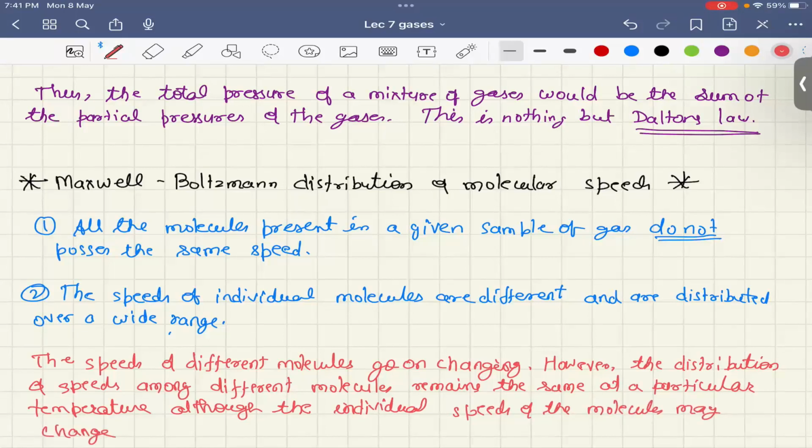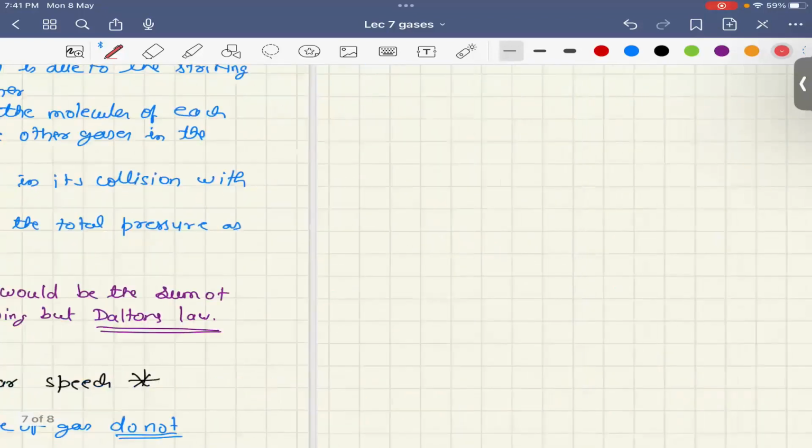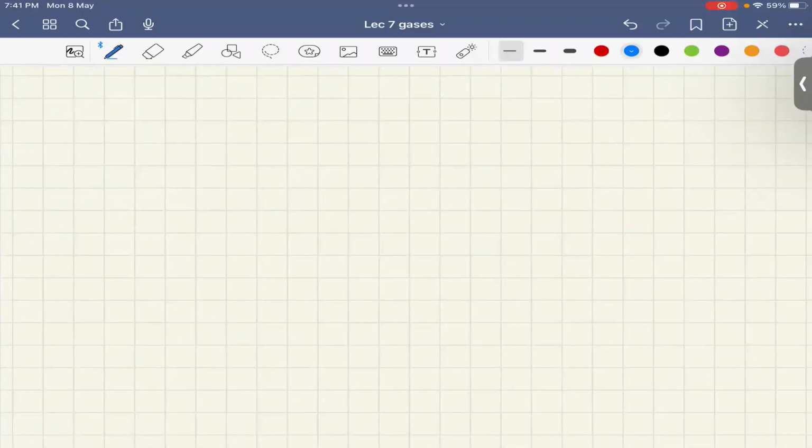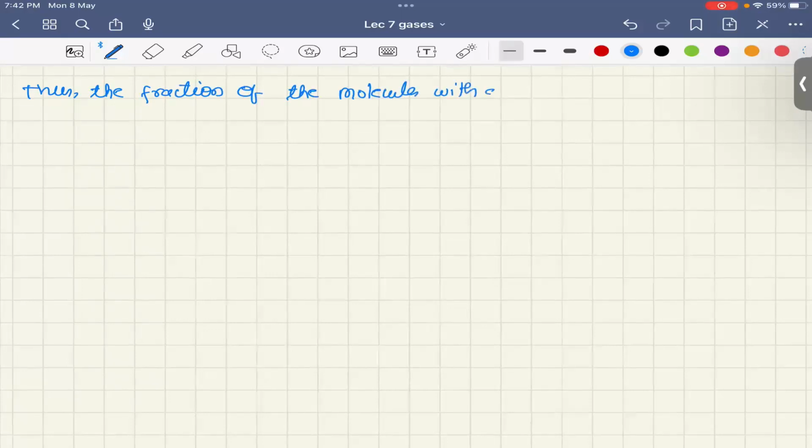Right? Thus, the fraction of molecules with a particular speed remains constant, and this is known as the distribution of speed, and also known as Maxwell-Boltzmann distribution law, because they were the first to formulate it. Right? Thus, what we can say is, the fraction of the molecules with a particular speed remains constant, and this is known as distribution of speed.